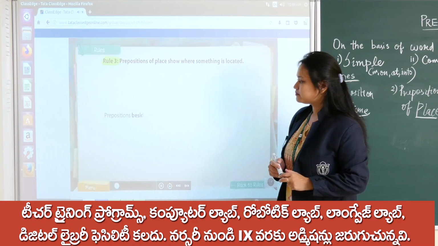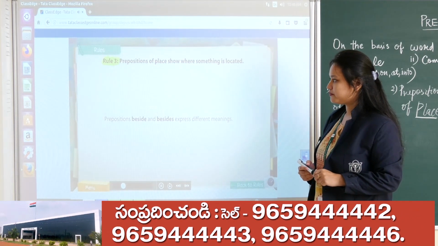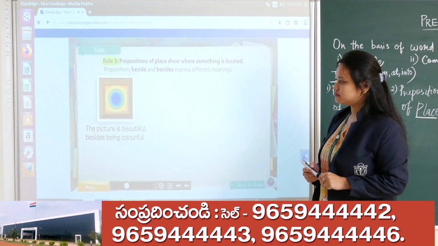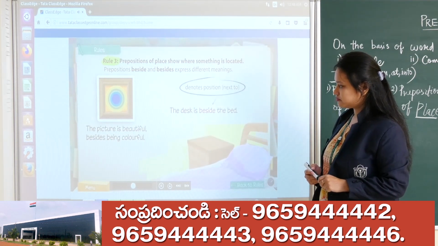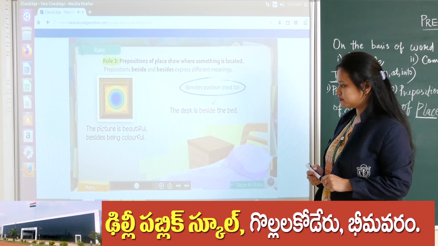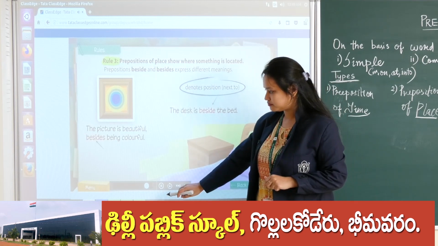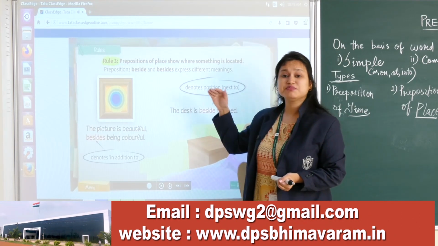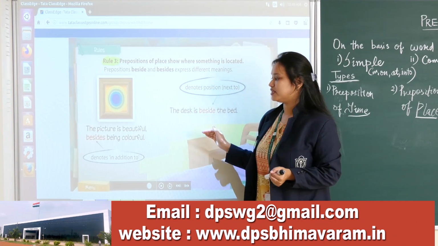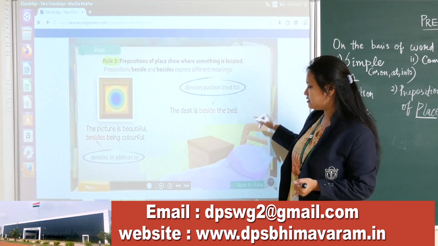The prepositions beside and besides are used to express different meanings. The preposition beside shows the position of a person or an object as being next to something. On the other hand, besides is not a preposition of place. It denotes an idea. I told you we'll look at the difference. What is beside? The desk is beside the bed.